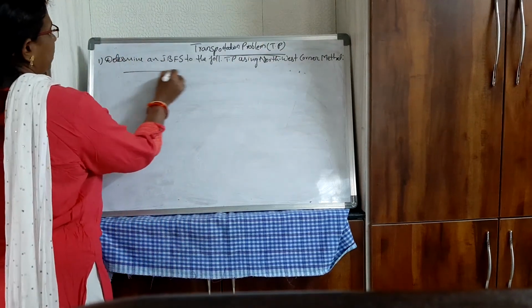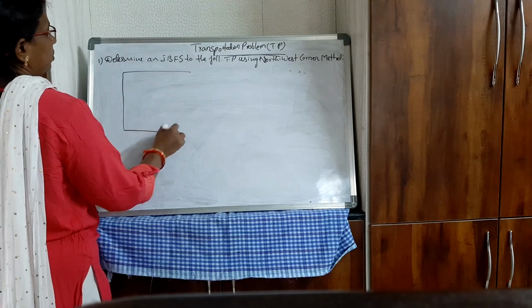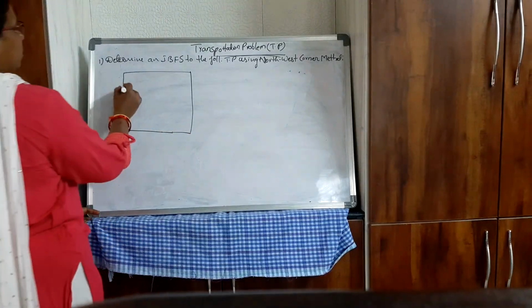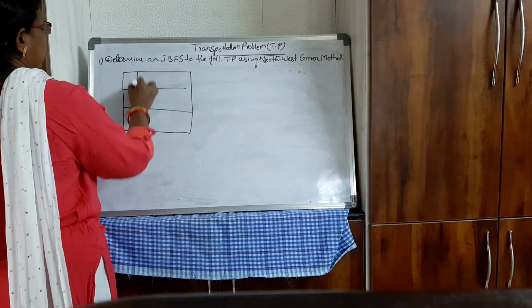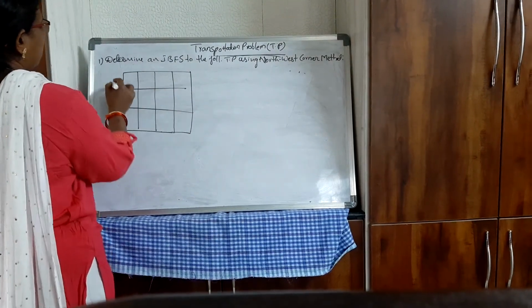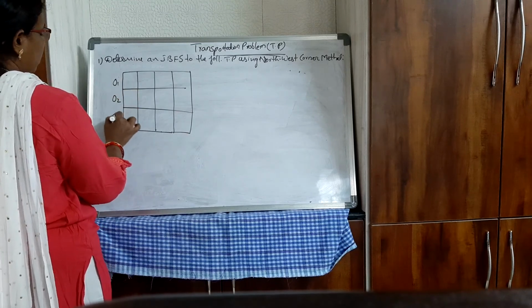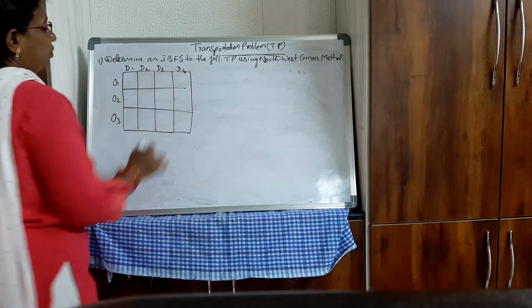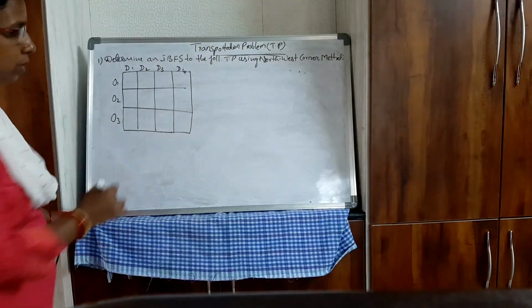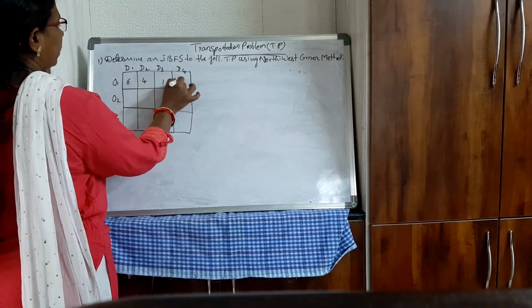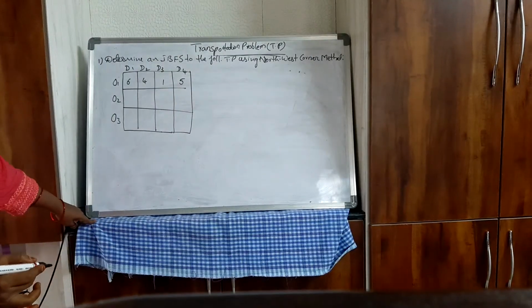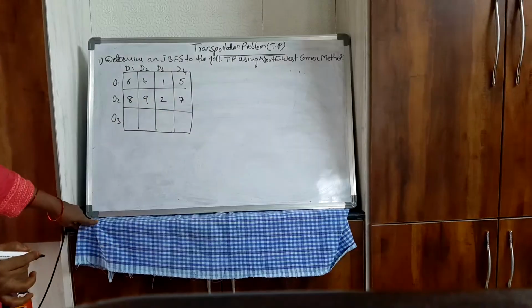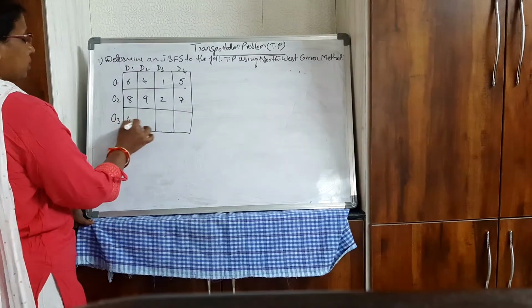What is the problem given to you? You have 3 rows and 4 columns. Here you have O1, O2, O3, and D1, D2, D3 and D4. The costs are given as 6, 4, 1, 5, then 8, 9, 2, 7, then 4, 3, 6, 2.